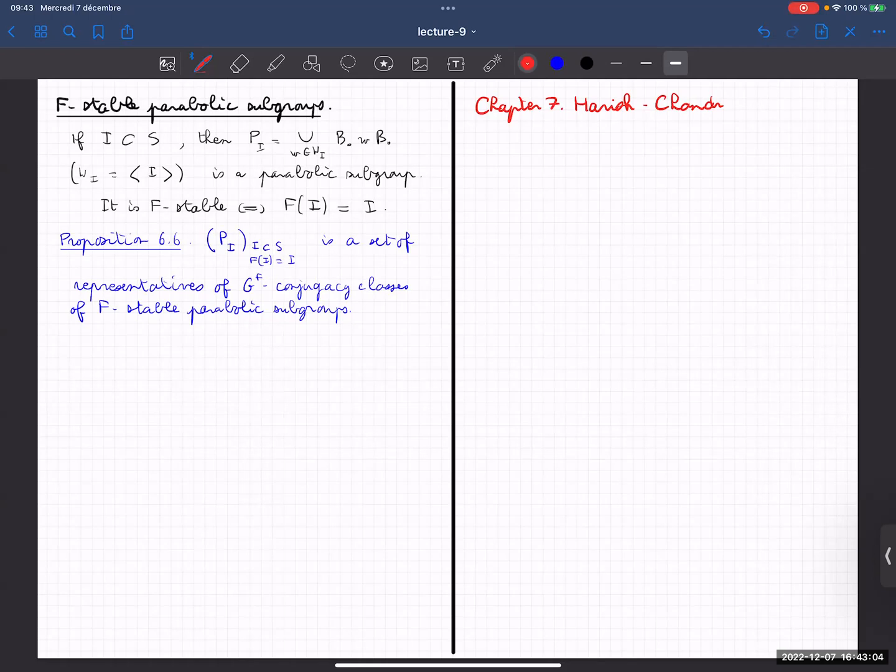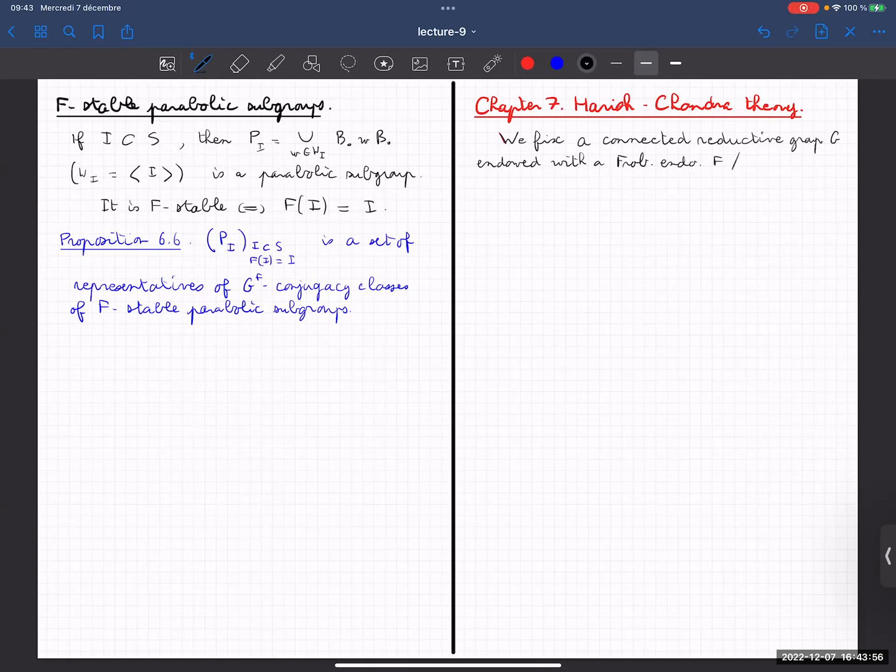In this chapter, we fix a connected reductive group G endowed with a Frobenius endomorphism over F_q.